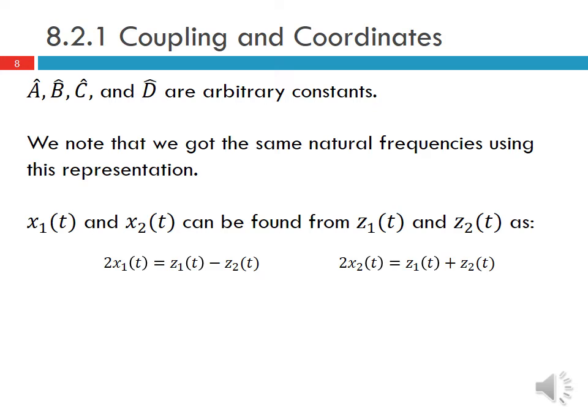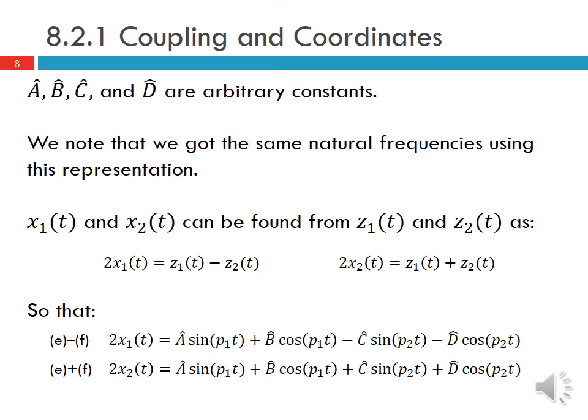Now, x1 of t and x2 of t can be found by relating them to z1 of t and z2 of t, as we can see here. So we can then, of course, relate the responses and find the response of x1 of t and x2 of t.